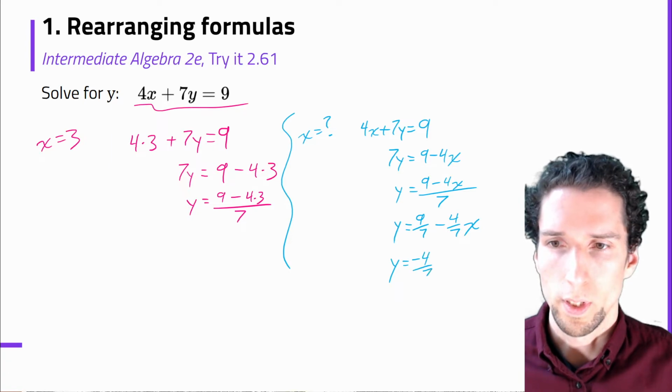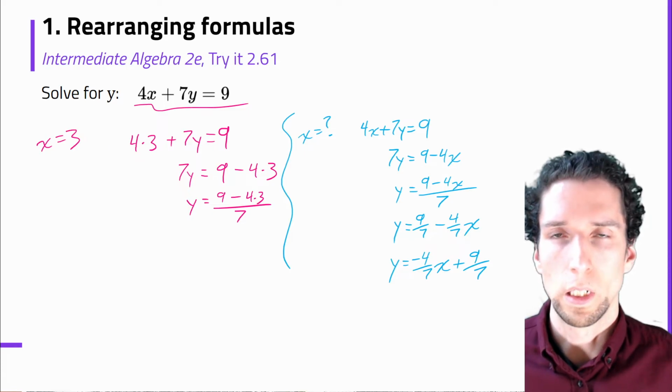Negative 4 over 7x plus 9 over 7. There.